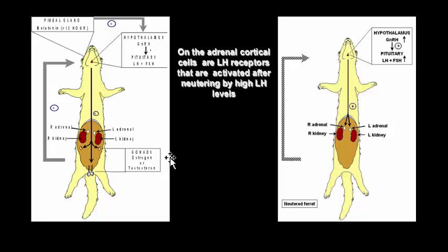And it's all due to this push of LH from the pituitary. I'm sure there are spontaneous adrenocortical tumors in ferrets, which have nothing to do with this feedback loop like there would be in every other species, but the majority have to do with early neutering.